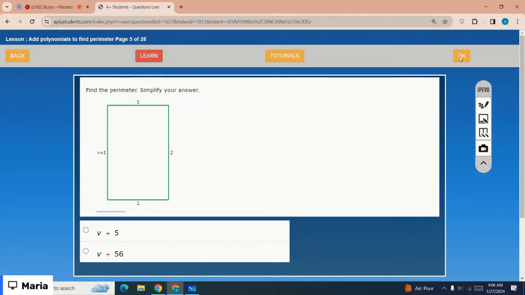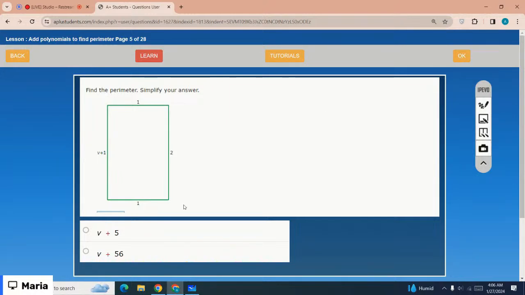Find the parameter, simplify your answer. So which is the correct option? Yes, the correct option is v plus 5.